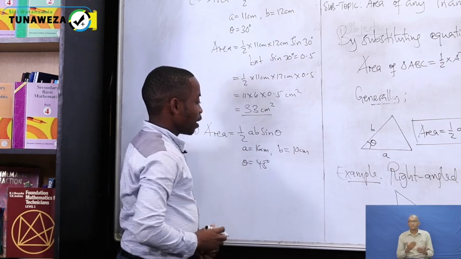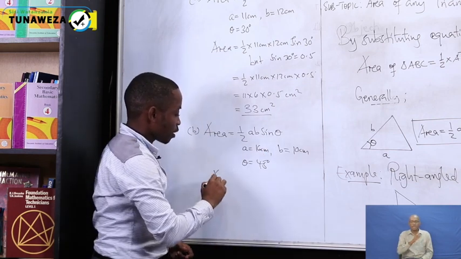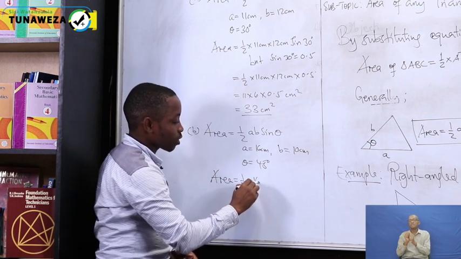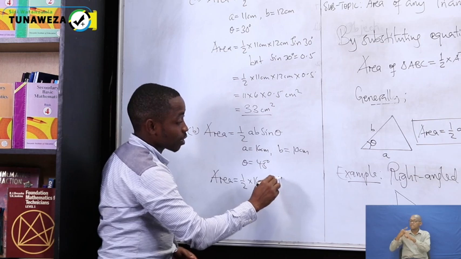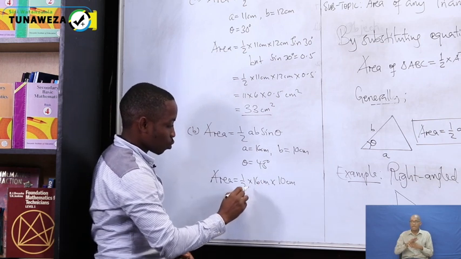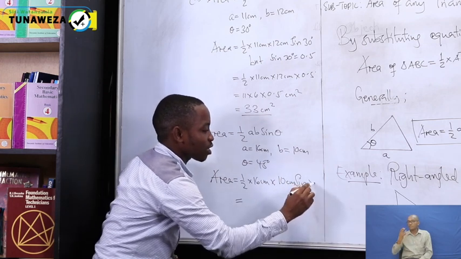Now, if we substitute it here, what are we going to get? We get area equals a half times A, which is 16 centimeters, times 10 centimeters, times the sine of our angle between, which is 45.